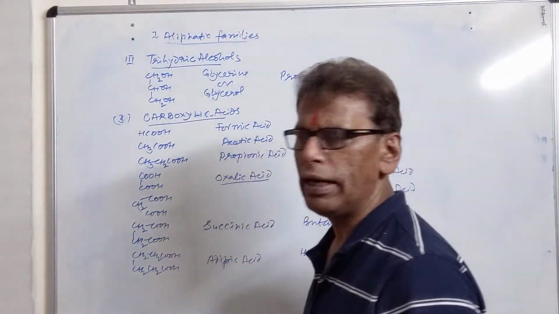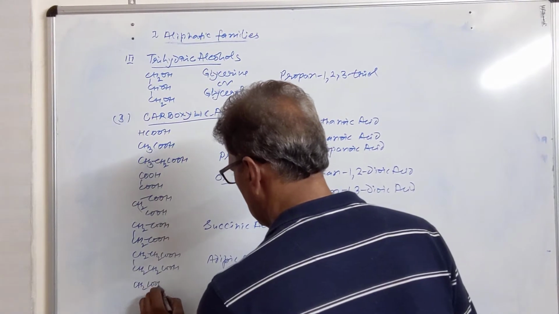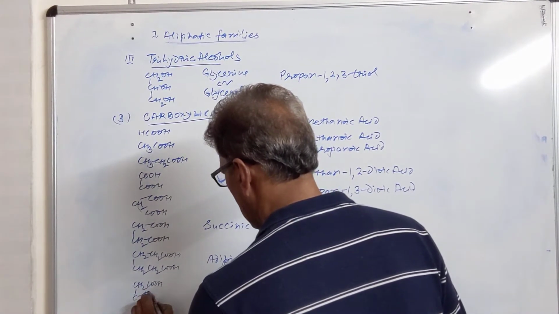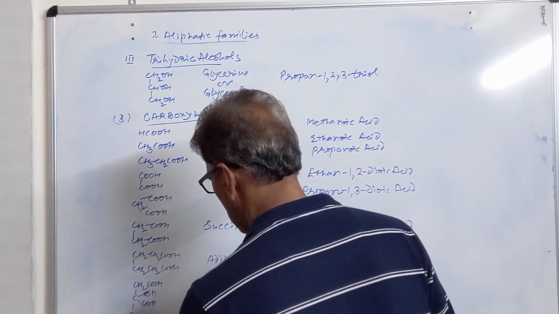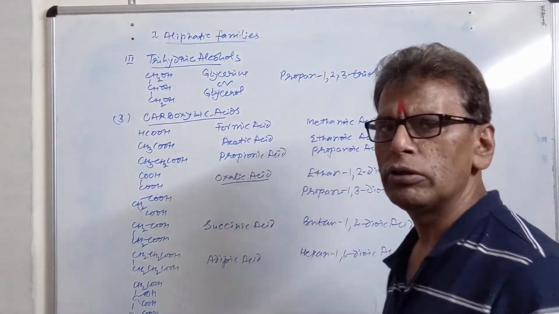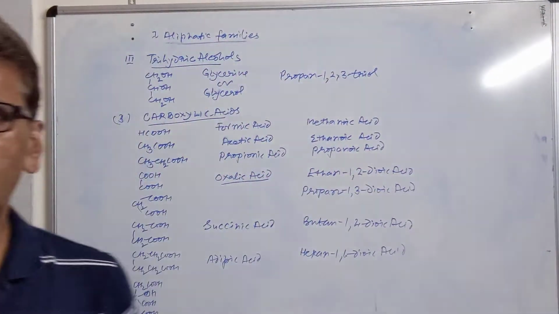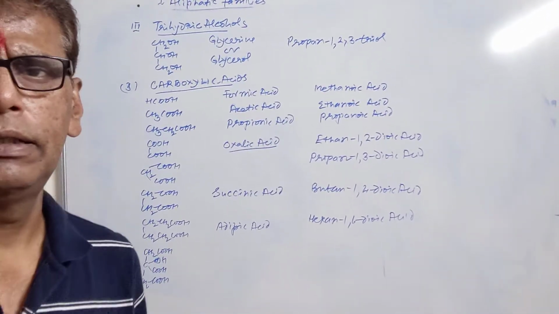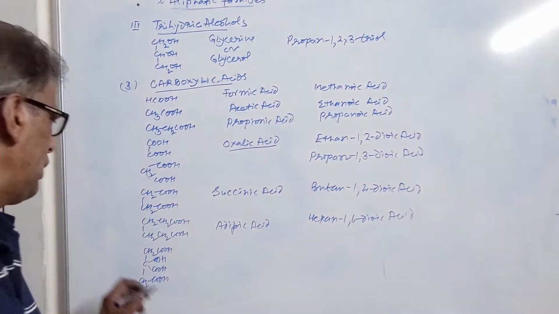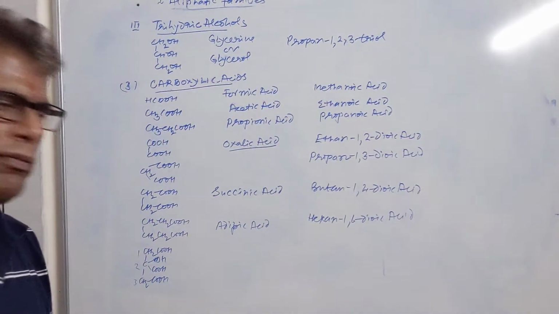Then we have a tricarboxylic acid, CH2COOH, with OH. Here none of the carboxylic groups is to be taken as the parent group. All of these groups are to be taken as substituents. So this compound will be named as a 1,2,3 derivative of propane.